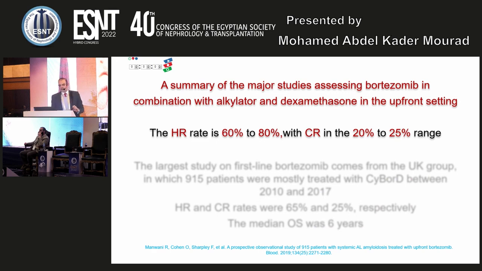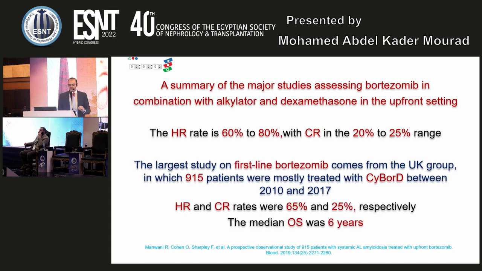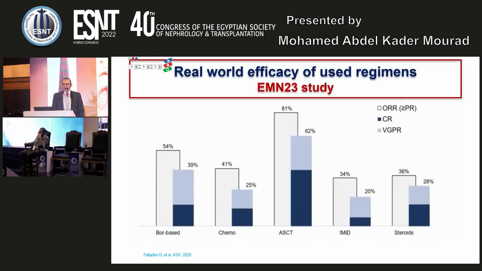A summary of major studies assessing bortezomib in those patients, with cyclophosphamide or with melphalan and dexamethasone, showed that the complete response reached up to 20%, and a large study that includes about 1,000 patients showed an overall survival of about 6 years with usage of bortezomib.